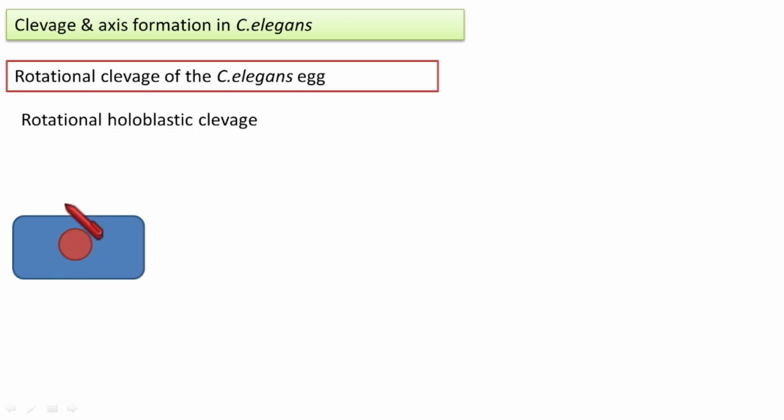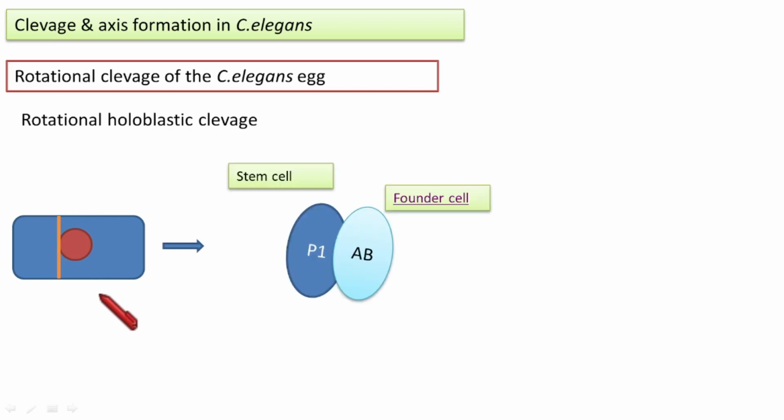That means it is not dividing the cell equally. It is somewhat nearer to the posterior end. As a result, two daughter cells will form, and one will be a founder cell and the other will be a stem cell.